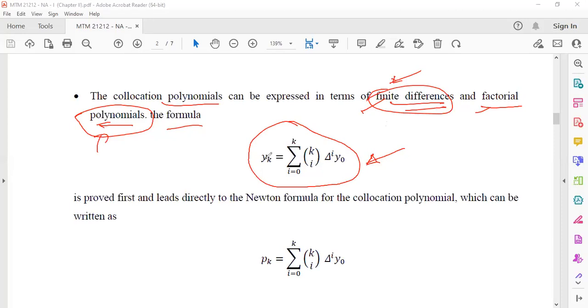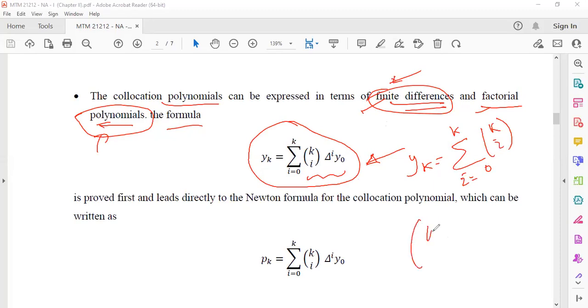So this says yk is equal to, using the collocation polynomial formula, the sum from 0 to k. What is this notation?